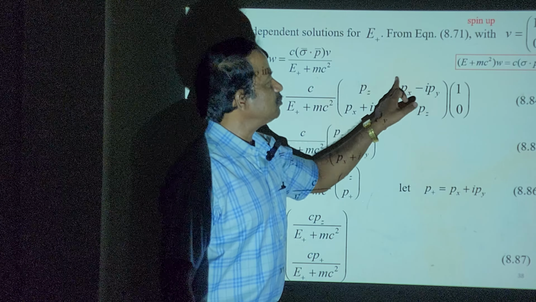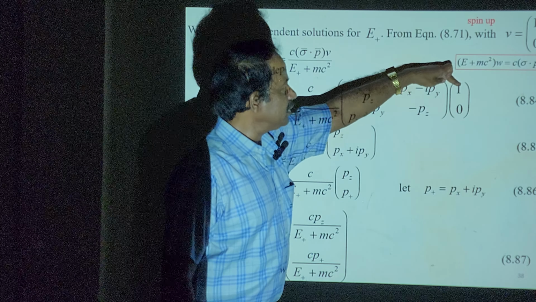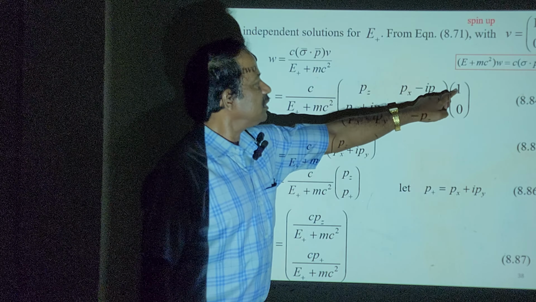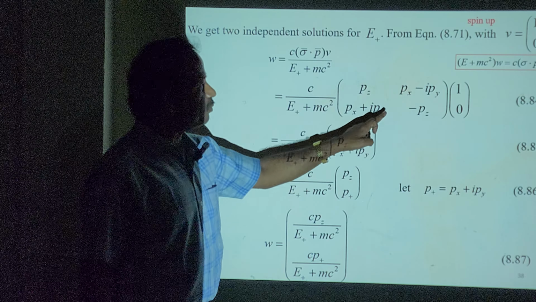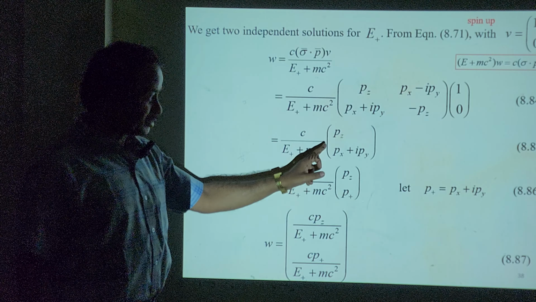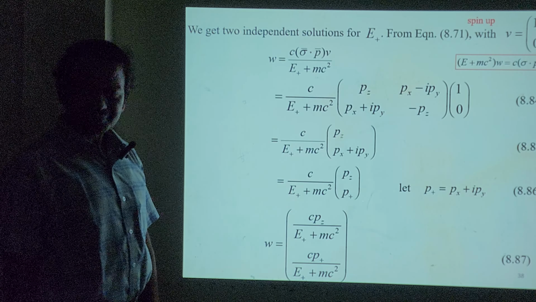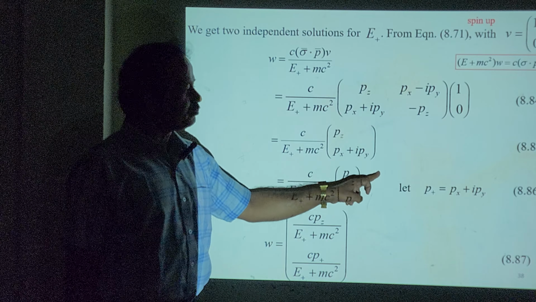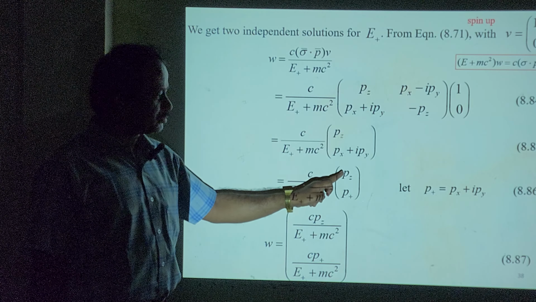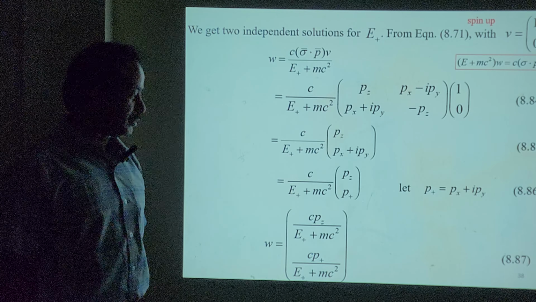Now you multiply, matrix multiplication will give you Pz, this becomes 0, so Pz, and this multiplied by this will give you Px plus iPy, this becomes 0. So it has become a column vector. I can keep Px plus iPy as P plus. So this matrix becomes Pz, P plus.